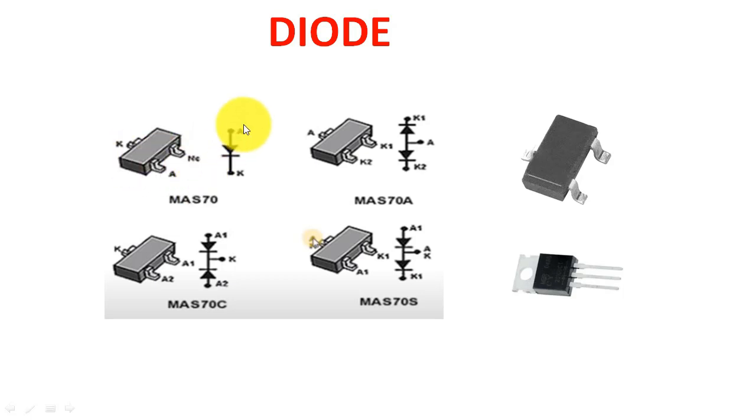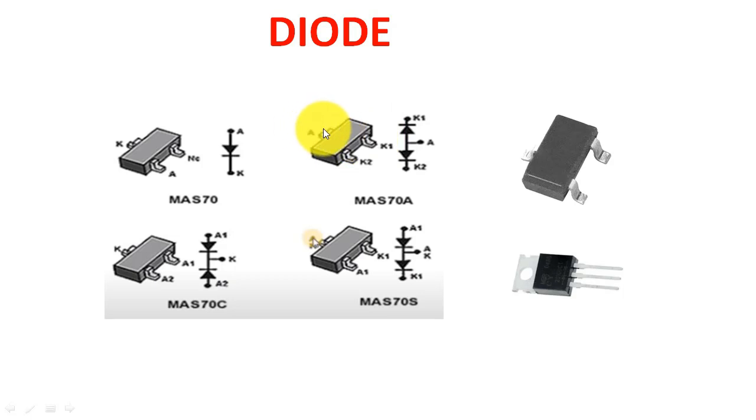So this is anode to cathode, and we have to measure it like that. Then in another type, the upper leg is the anode, and the two pins are cathodes. It is one terminal, but the two pins will give the same output.